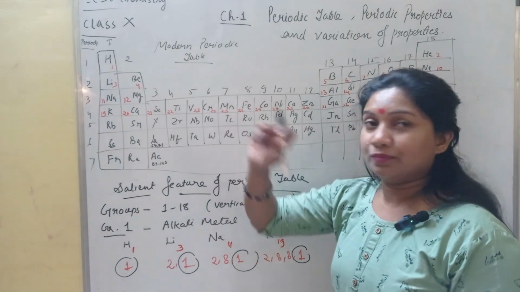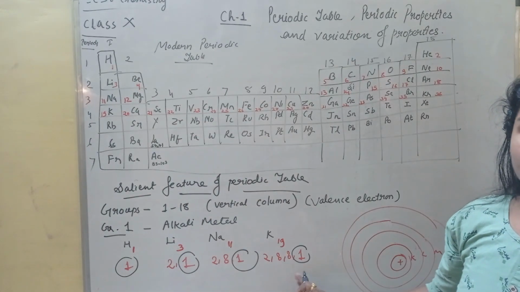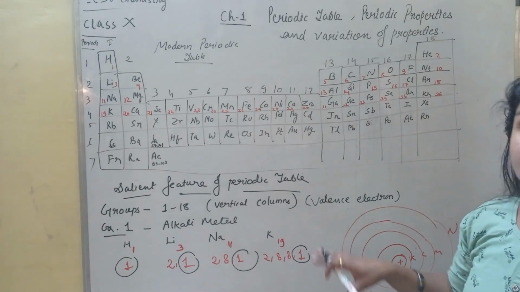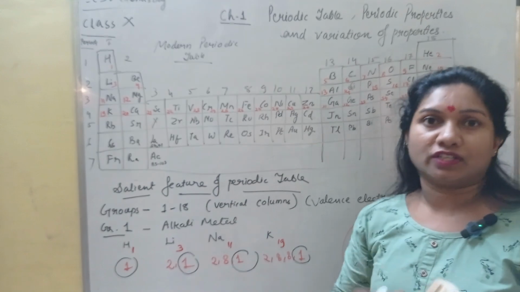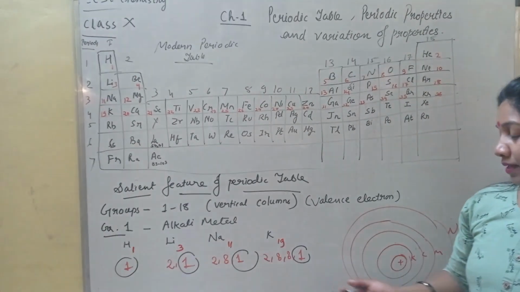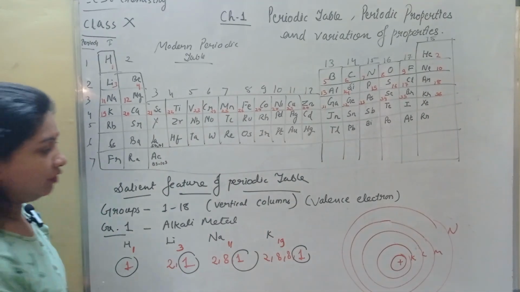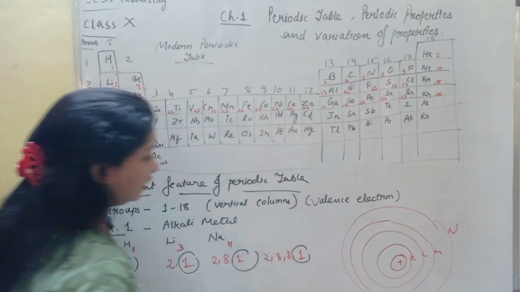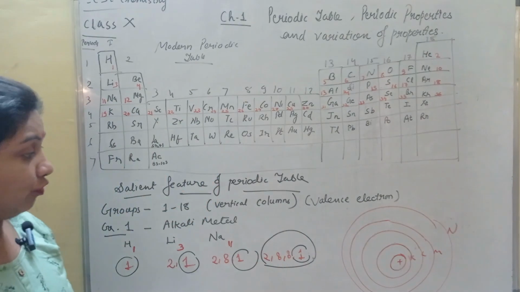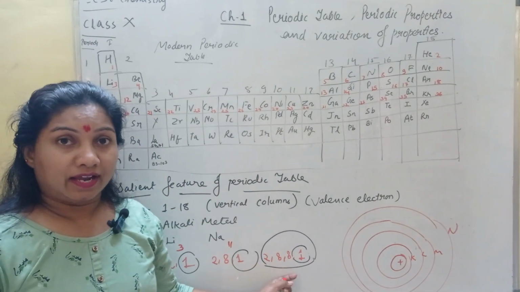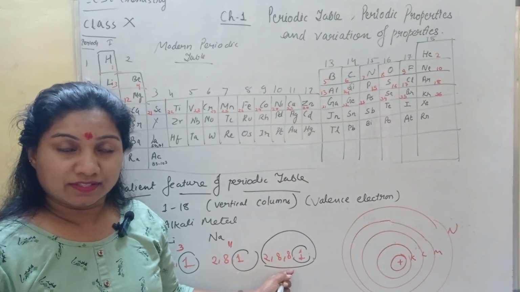So group number decides the valence electron. You will get questions related to this concept, so you should have a clear idea of the concepts. Suppose they will give you an electronic configuration. They will not give you the name of the element, only the configuration, and you have to tell to which group the element of this configuration belongs.